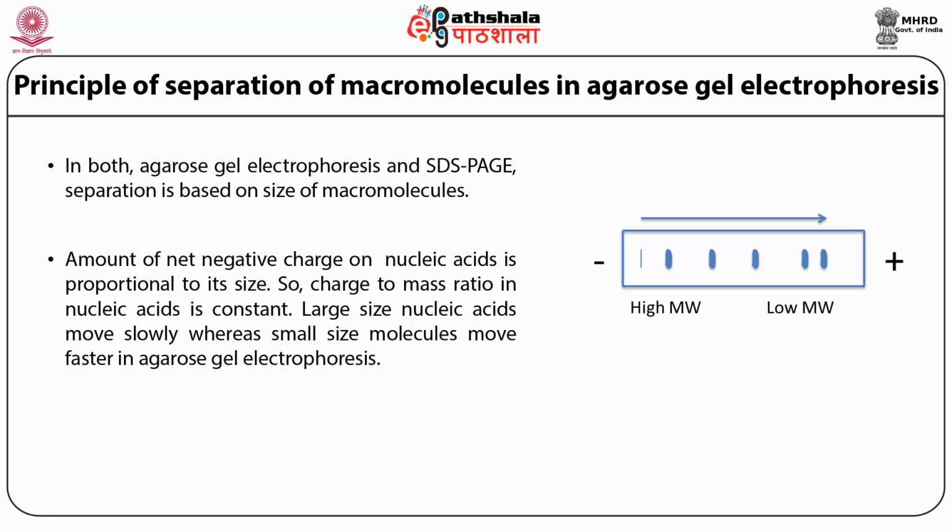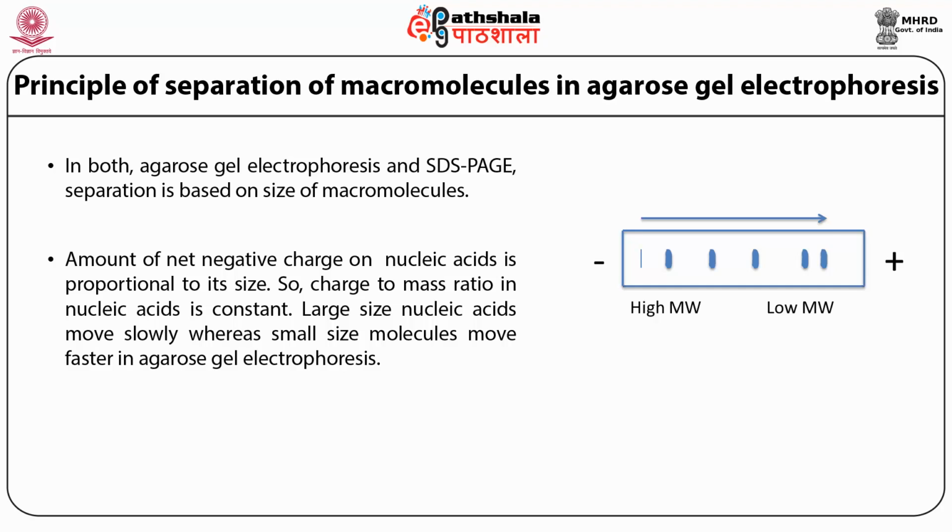The binding of SDS to protein is almost constant for a wide range of proteins, and for every two residues of amino acids in protein, one molecule of SDS binds. SDS binds to hydrophobic pockets in protein, and in doing so, sulfate groups are exposed out.